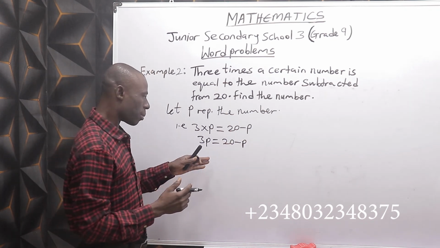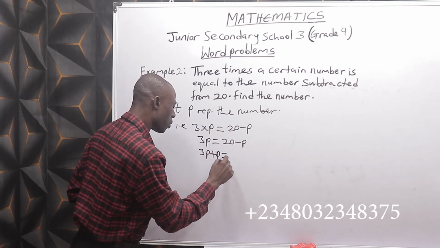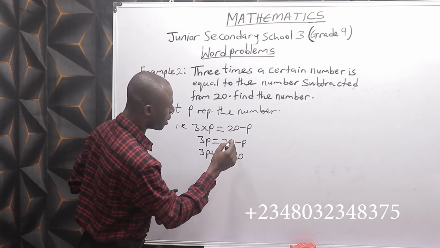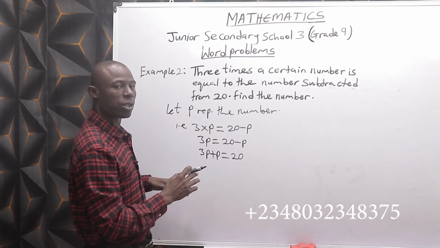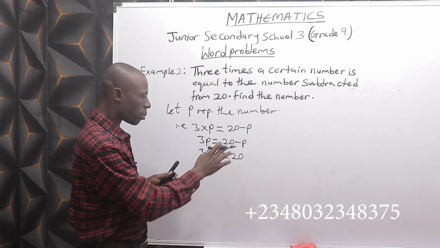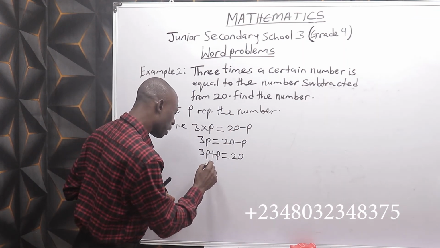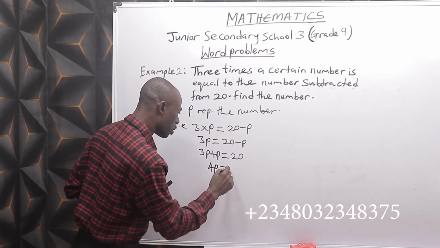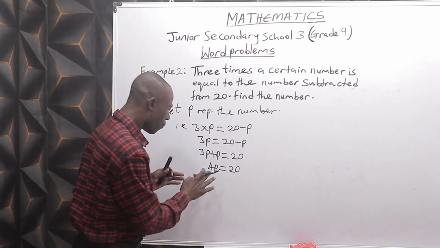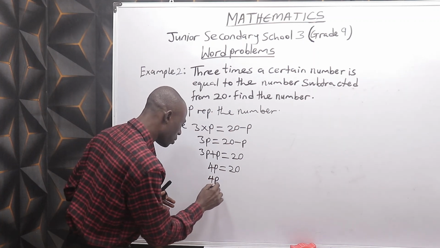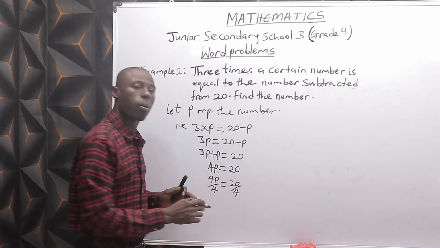We collect the like terms by having 3P plus P equals 20. When you take negative P from this side of the equation to this other side of the equation, it changes arithmetic sign from negative to positive. So 3P plus P gives 4P, which is equal to 20. Dividing both sides by 4, we have 4P divided by 4 is equal to 20 divided by 4.